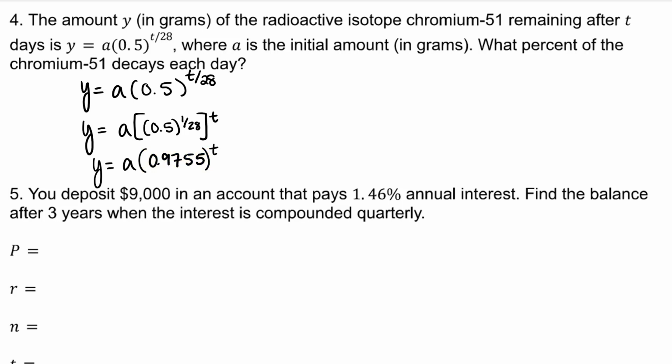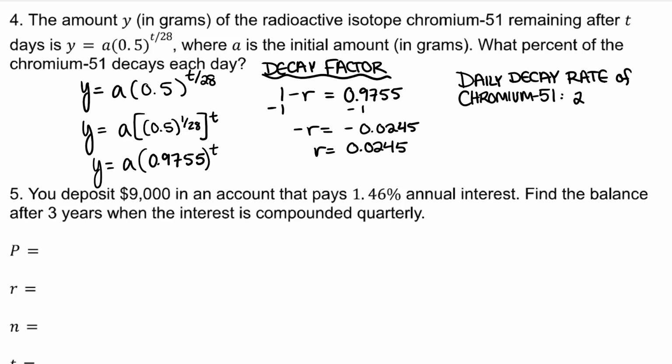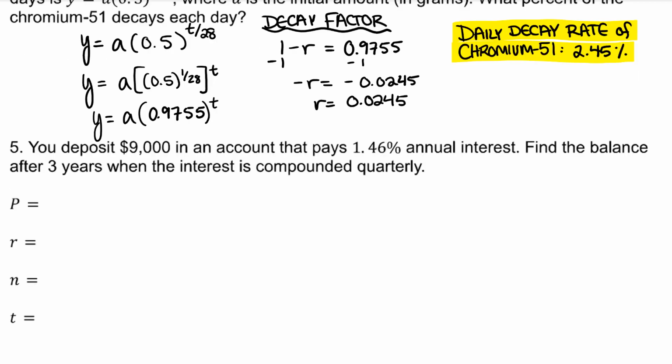And since we already established that this is decay, our decay factor is 1 minus r, which is the base of our exponent, 0.9755. The rate at which the chromium-51 decays each day is 0.0245. As a percent, that would be 2.45%.